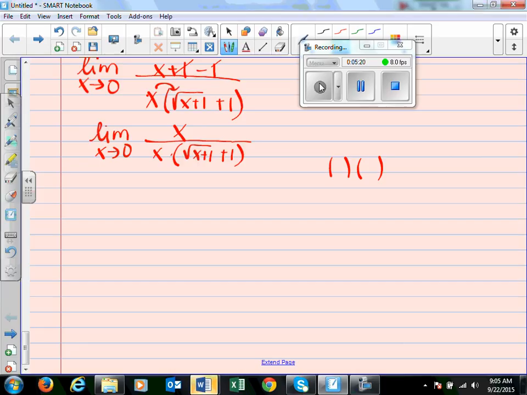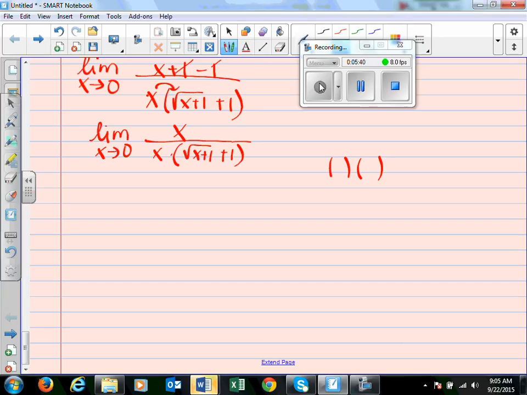So the factored form is the simplified form. Is that clear to you? So when you look now, the numerator and the denominator. You see the denominator is in factored form? So, look at my numerator. What can I do with the numerator and denominator? That's it. You cancel out the x.